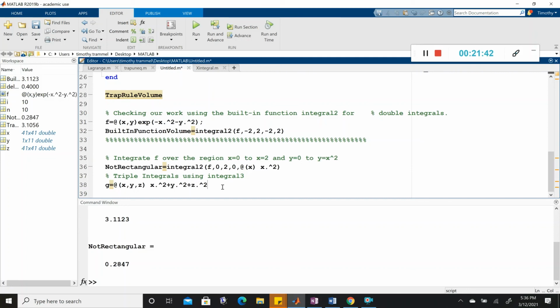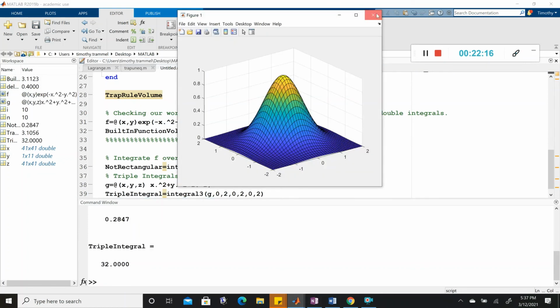We'll suppress it, assign it the variable name triple integral, and we'll use, as we stated, integral3. We want to integrate the function g, and I didn't specify a region here, but we'll just use a rectangular one. For x, y, and z, how about we just go 0 to 2 for each one. All right, and there's our triple integral.